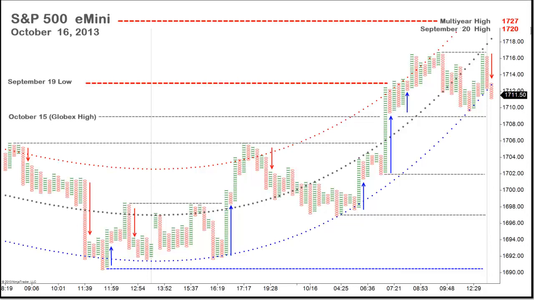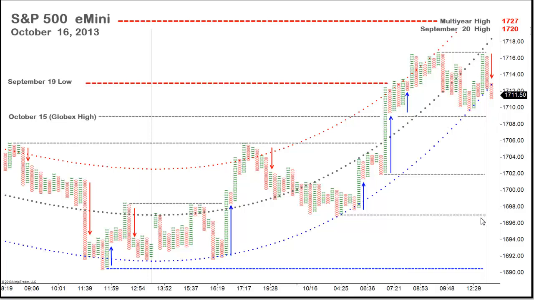Coming into Thursday's session, the next known resistance level is located up at 1720. Above there is the multi-year high at 1727. Minor support is located at the previous high and the pullback level during today's session down at 1709.